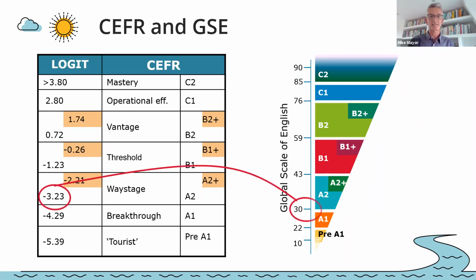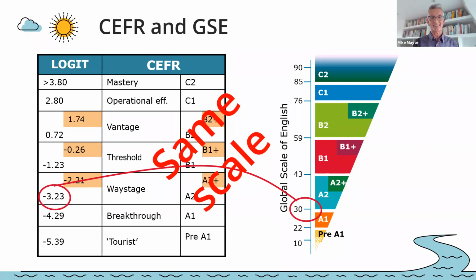The point I want to make here is that the Global Scale of English is the same scale as the Common European Framework. It's just been taken back to the numerical scale that was originally there and transposed onto a 10 to 90 proficiency scale.